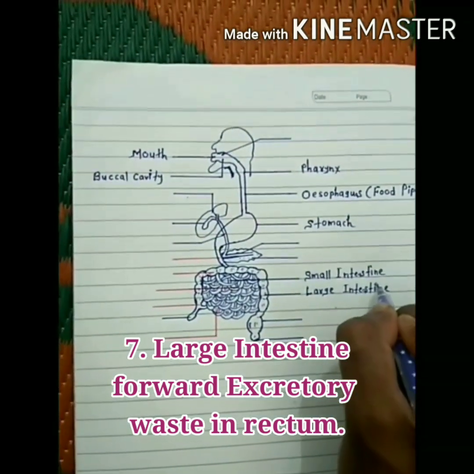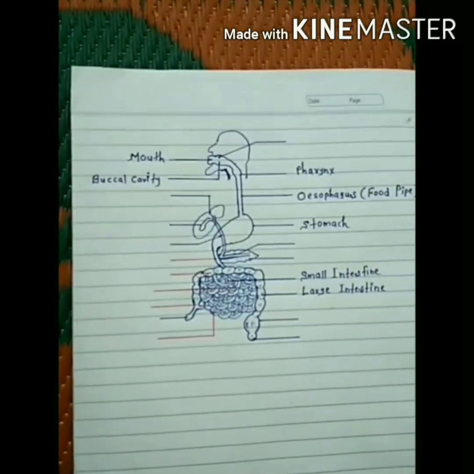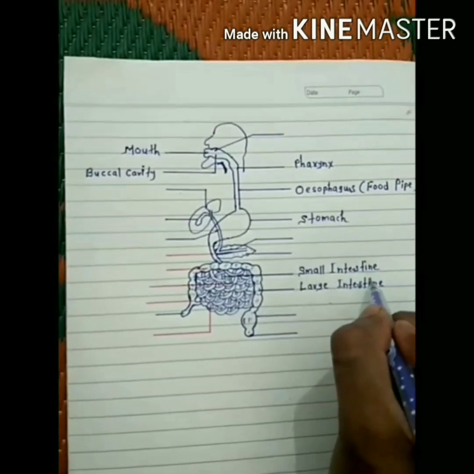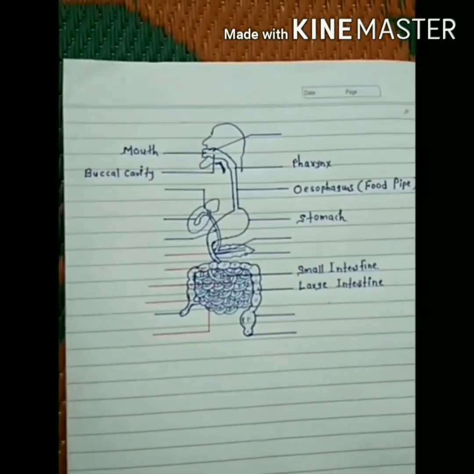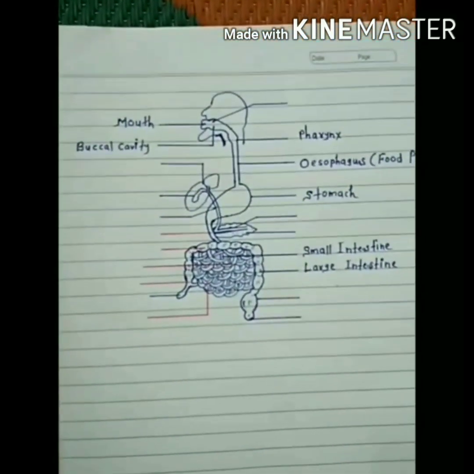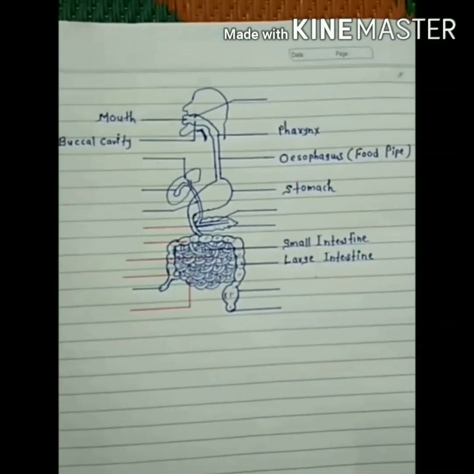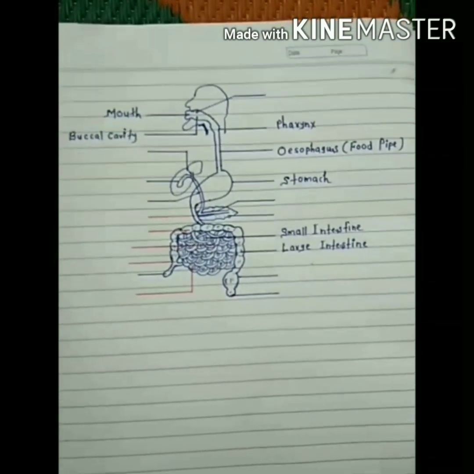Small intestine is longer than large intestine. स्मॉल इंटेस्टाइन की जो लेंथ होती है it's nearly 6 meters, about 20 feet approximately, whereas large intestine can be only 1.5 meter in length.